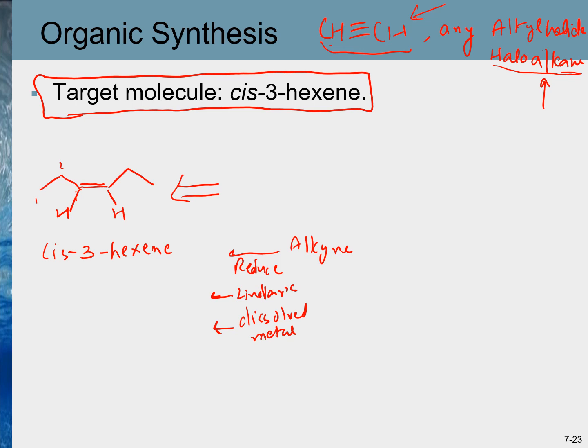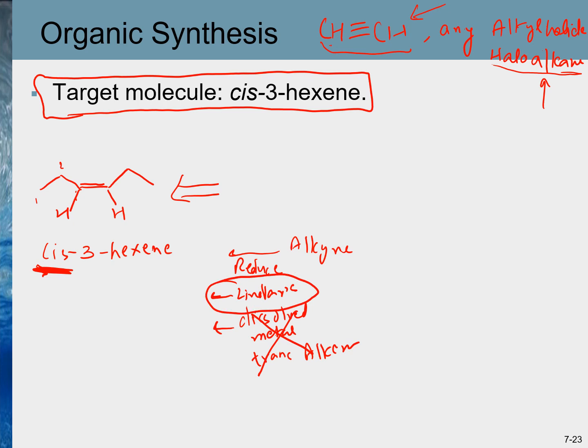The dissolved metal reduction gives us the trans alkene at the end, but our target molecule is cis, so dissolved metal will not work. The reduction which will work is Lindlar's reduction. So now we know the step.